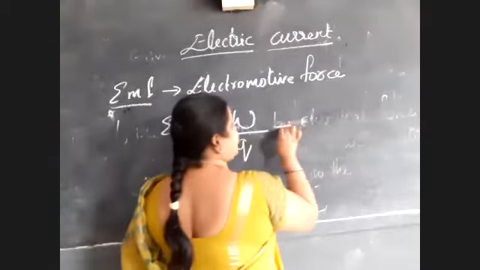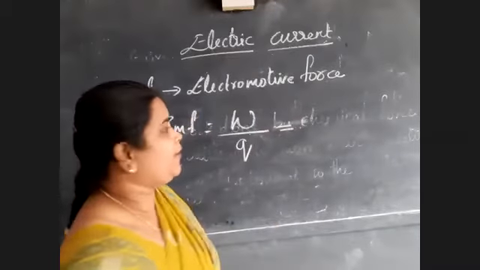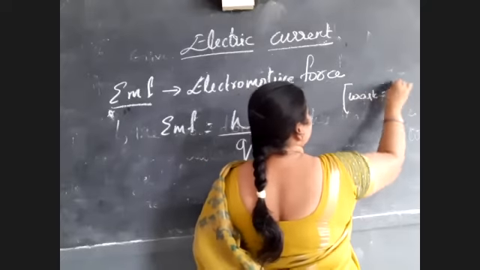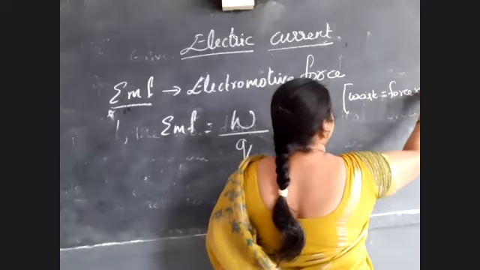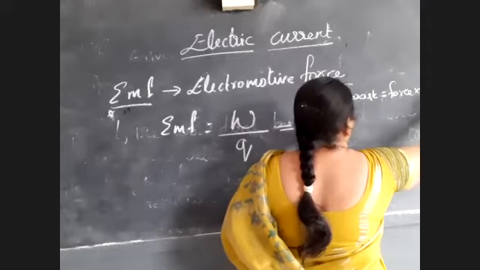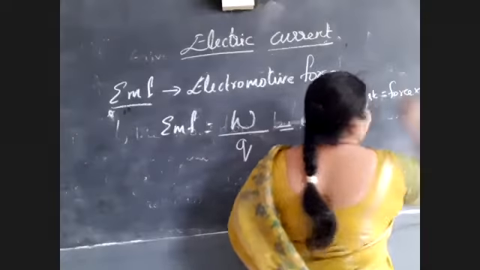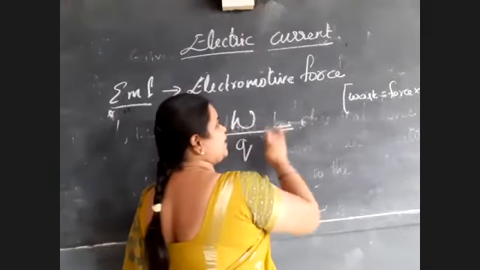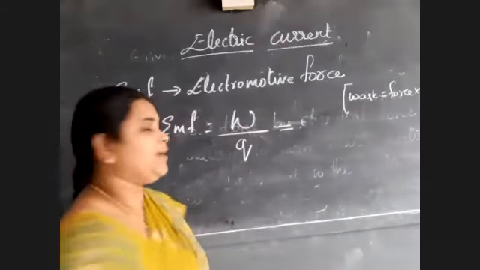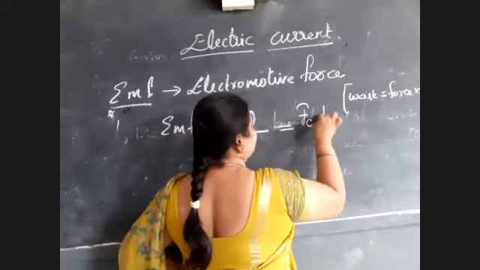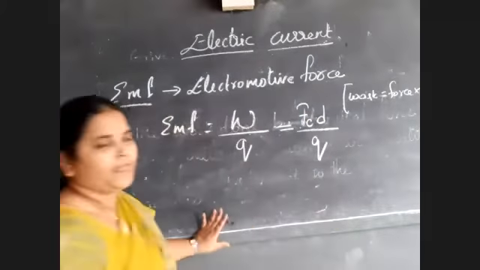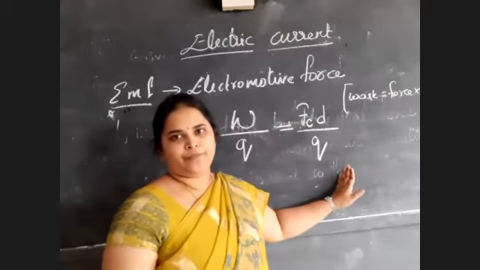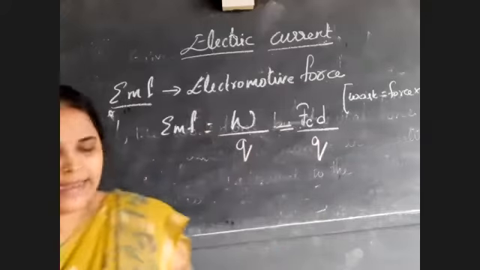You all know that work is nothing but force into displacement. So here also work is equal to force, chemical force Fc, into d, divided by Q. Fc d by Q. This is EMF.